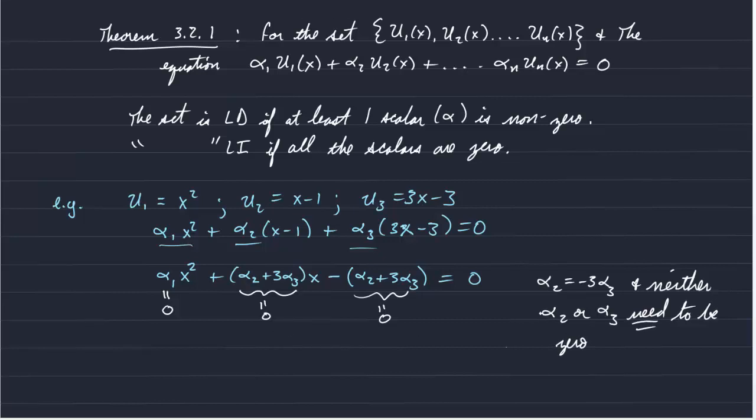So in this situation, not all the values of alpha needed to be 0 in order to satisfy that. So going back to our theorem, the theorem states that the set is linearly dependent if at least one scalar is non-zero, and we found two scalars that could be non-zero, and so this set is linearly dependent.